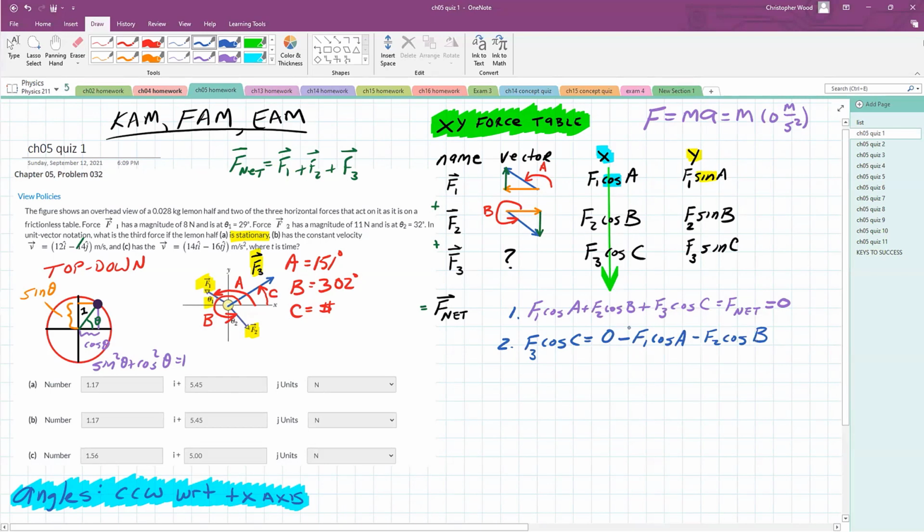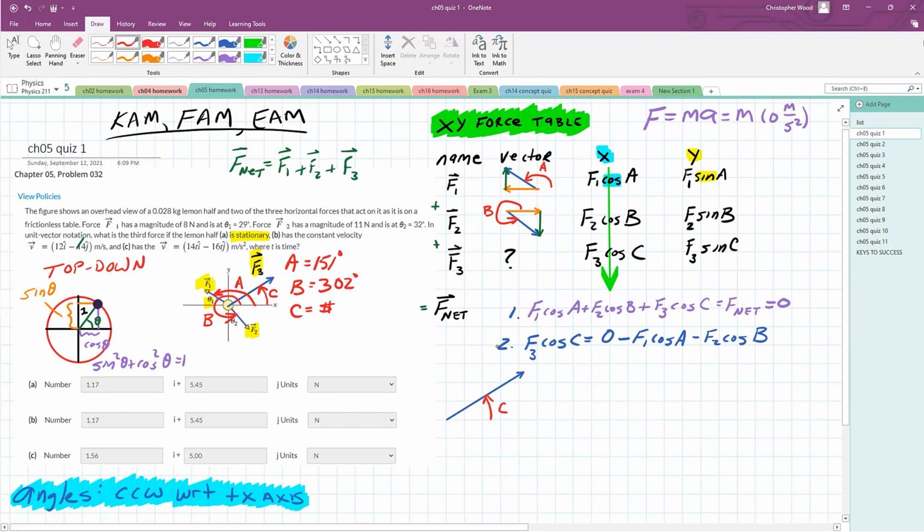And it gets better. This is F3 cos C, because F3 cos C, let me do a redraw here. If this is my F3 vector, and again, technically I don't know what quadrant it's in, and it doesn't matter. But let's just say for the sake of conversation, this is F3 in quadrant 1. This is angle C from my positive x-axis going counterclockwise. That's angle C. And you need to enter F3 in unit vector notation.